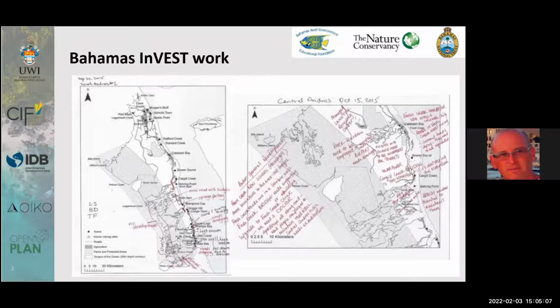So you can see on the screen an output that TNC had produced from their participatory planning workshop events, but this is one style of map. You may have heard me on day one saying, what does a map mean? As you can see on the screen, this is not an INVEST output map, but it's a critical map that's feeding into a successful INVEST model.